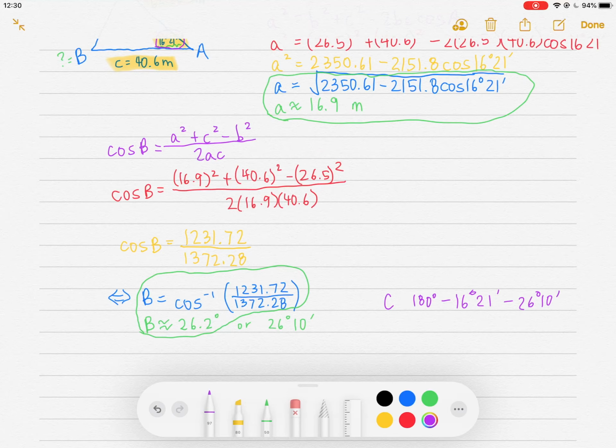I should have done a squiggle. So big C is approximately 180 minus 16 degrees, 21 minutes minus 26 degrees, 10 minutes, which is 137 degrees, 29 minutes.